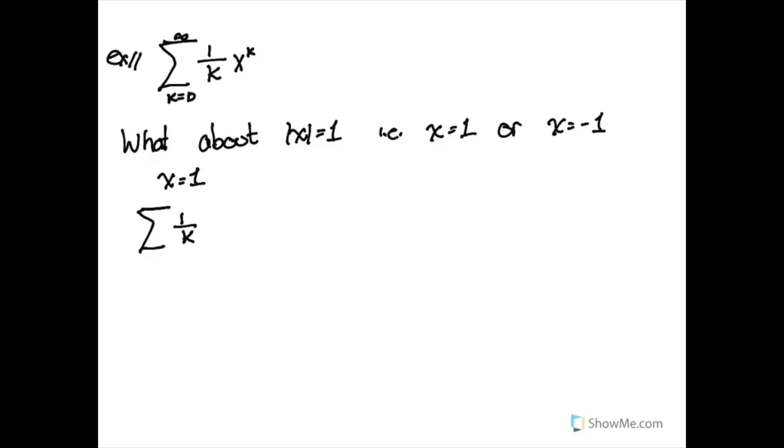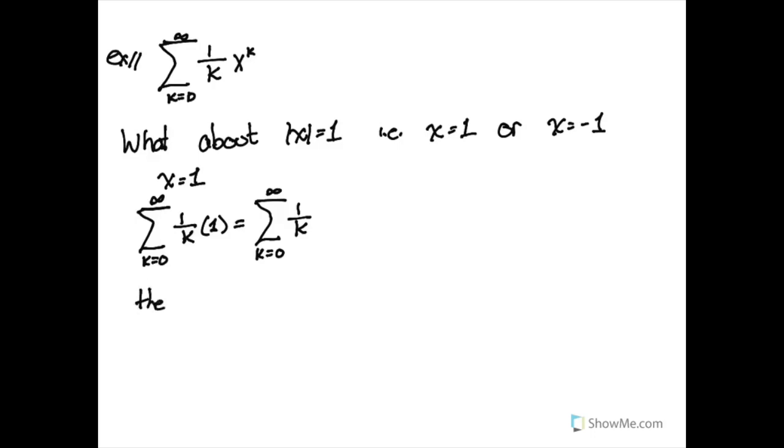Right, so in the x equals 1 case, the power series is just 1 over k times 1 to the k, from k equals 0 to infinity, which is just the sum of 1 over k. You should be very familiar with this series at this point.